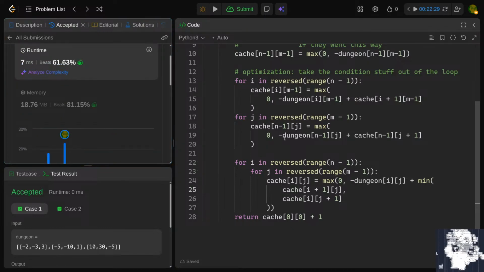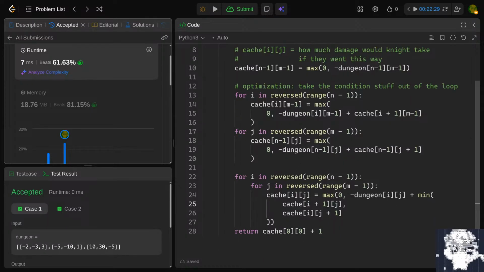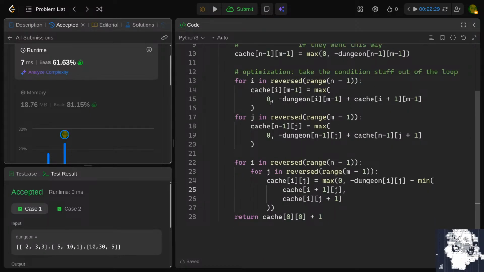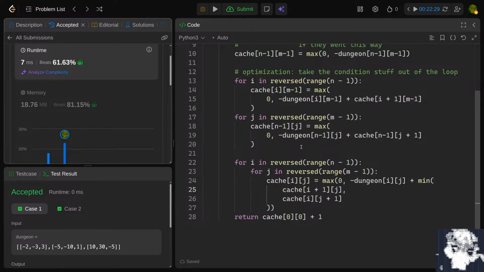Okay, well, I mean, this is faster because we're doing less work, right? All of those conditionals that were in the n squared, we've gotten rid of at least n squared work.